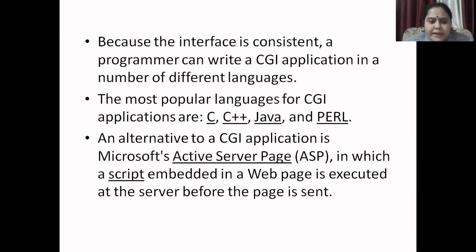An alternative to CGI applications is Microsoft's Active Server Pages, that is ASP, in which a script embedded in a web page is executed at the server before the page is sent.